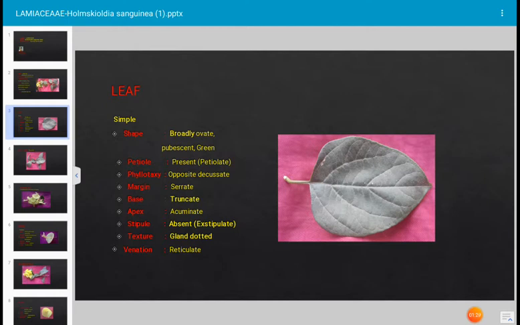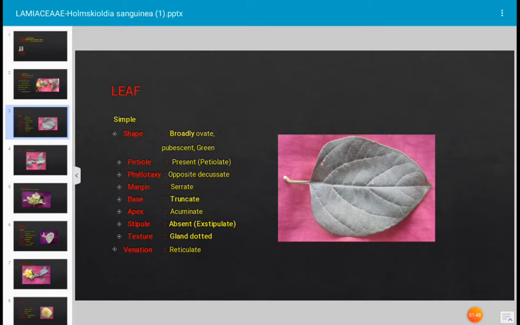Okay, and phyllotaxy in the Holmskioldia sanguinea plant, opposite decussate type of phyllotaxy is present. What is phyllotaxy? Arrangement of the leaves on the stem or branches, that is phyllotaxy.